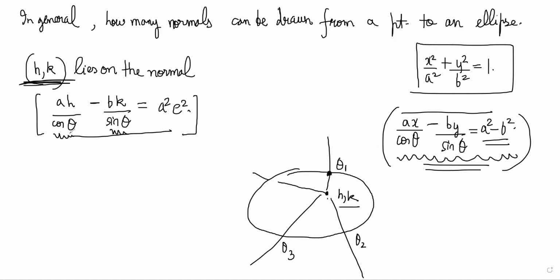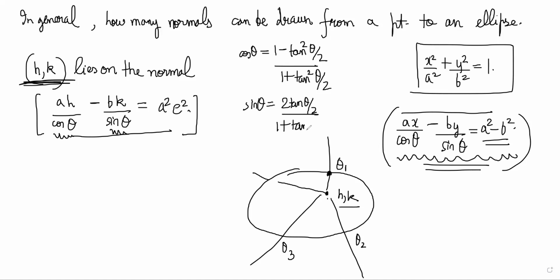If it is a cubic in theta, we'll have three roots for theta. So I want to make it a quadratic or a cubic or a polynomial equation in theta. How do I do that? We will use the transformation of cos theta in terms of tan square theta by 2, and sin theta as 2 tan theta by 2 by 1 plus tan square theta by 2.